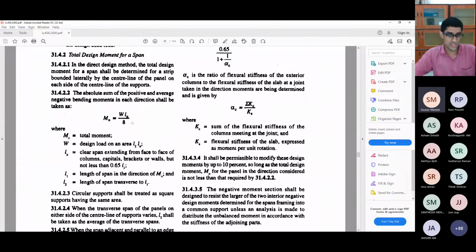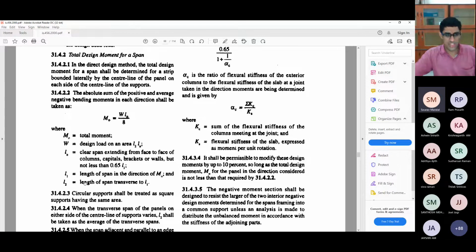What are these W, Ln and 8? M0 is the total moment in a particular direction, inclusive of positive and negative. W is the design load on an area L2 times Ln, meaning something in kilonewton per meter square, times L2 times Ln.